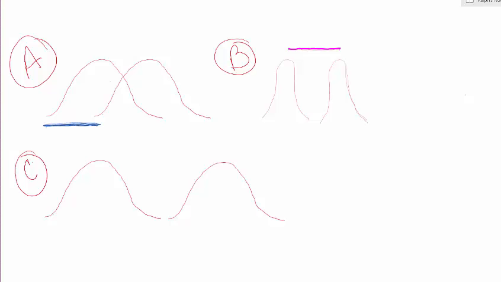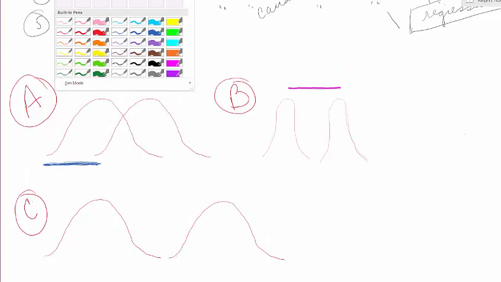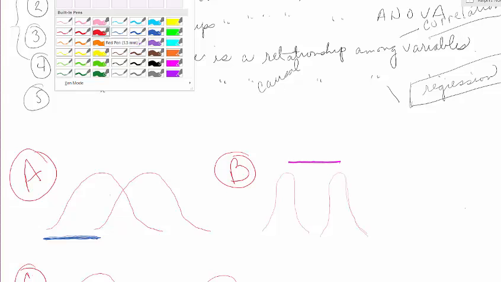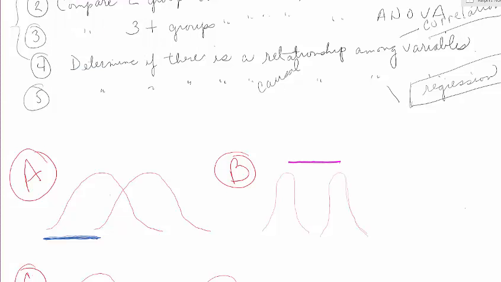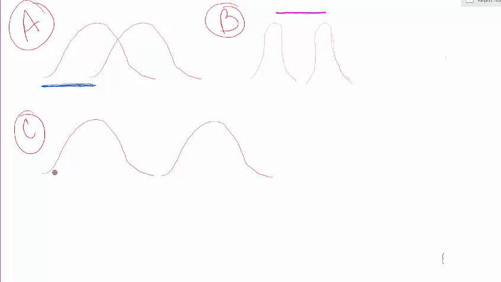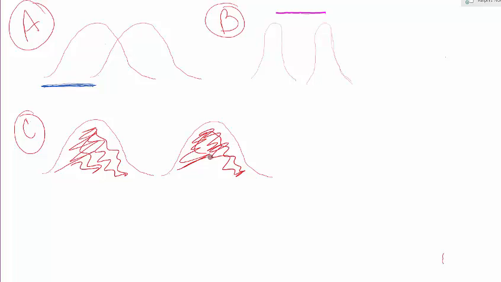I could clearly look at C and say, well, it looks like C is a fairly different population. So here's this group, and then here's this group, and there's very little, if any, overlap among these groups. So I would say these are fairly different.